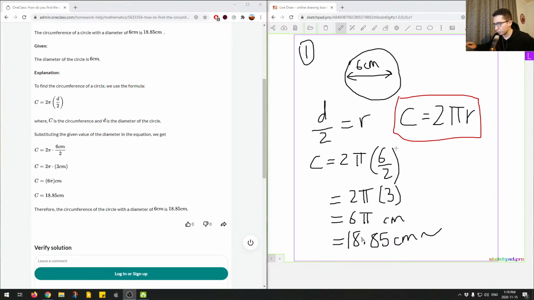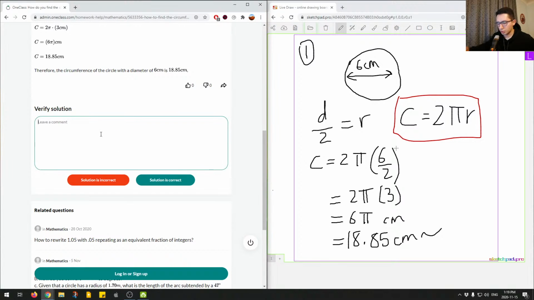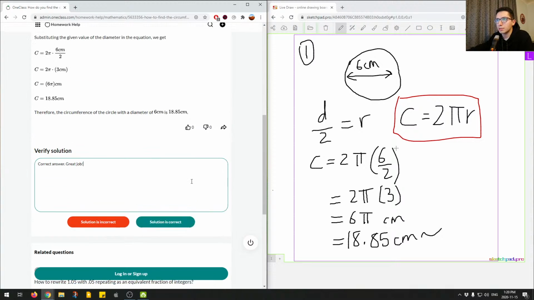I'll put a squiggly for approximate. Okay, so we can see here that the junior tutor obtained the correct answer, and they followed a similar process. So we can mark this question as correct. Great job. And we'll move on to the next question.